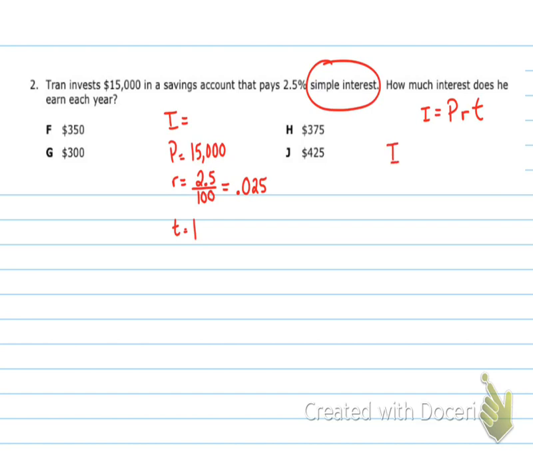Now, go and sub in the formula. Go plug in P, plug in R, and plug in T. It should look something like this. Now, what is I equal to? By the way, what does I stand for? I is the interest. This particular problem is solving for the interest.